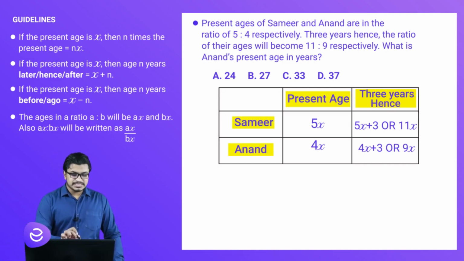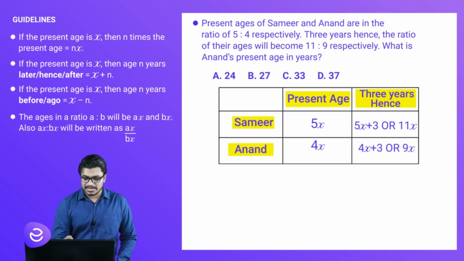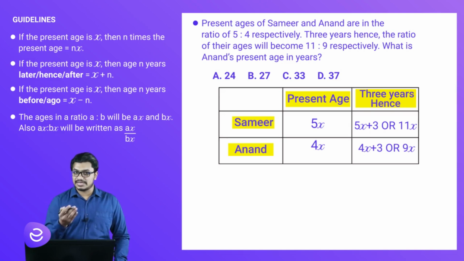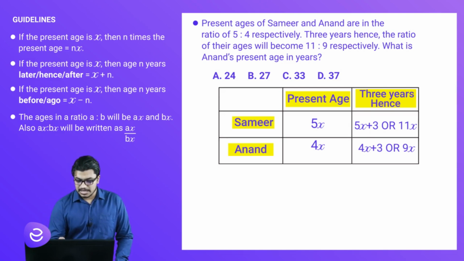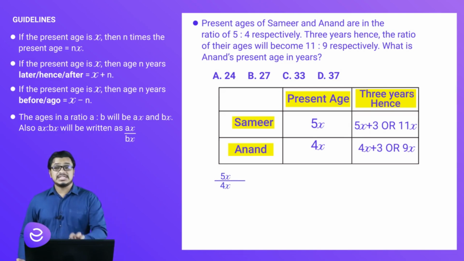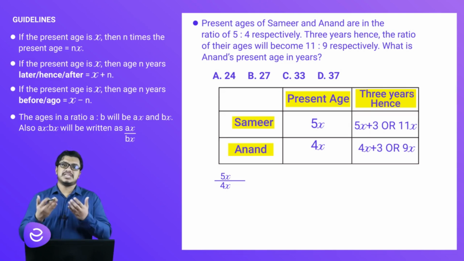Now, since it is a ratio, the present ages are 5x and 4x, and we said that we can write a ratio in division form. So, the ages we can write as 5x by 4x. Now, given to us is 3 years hence, that means 3 years after.